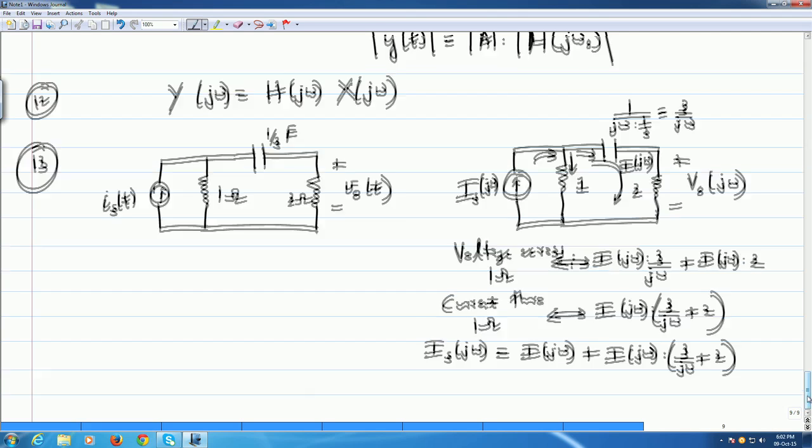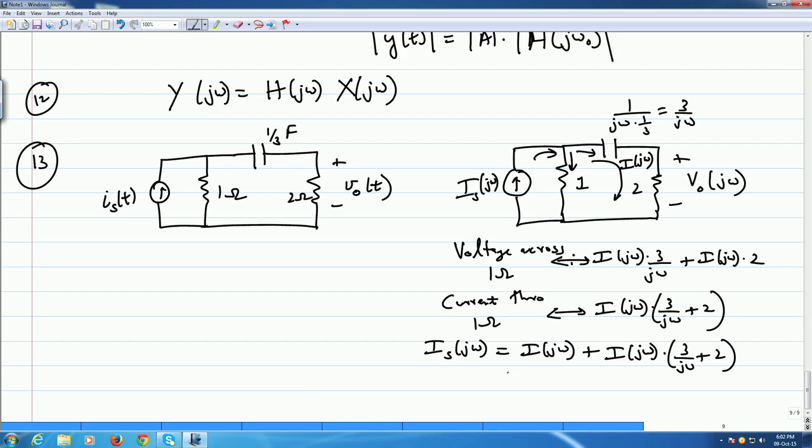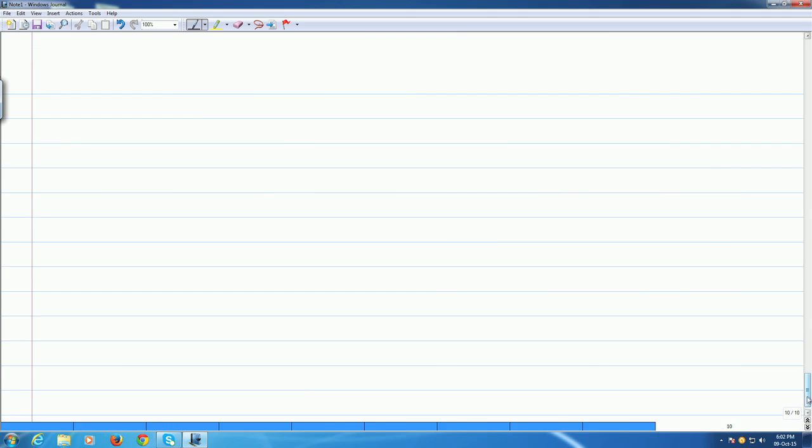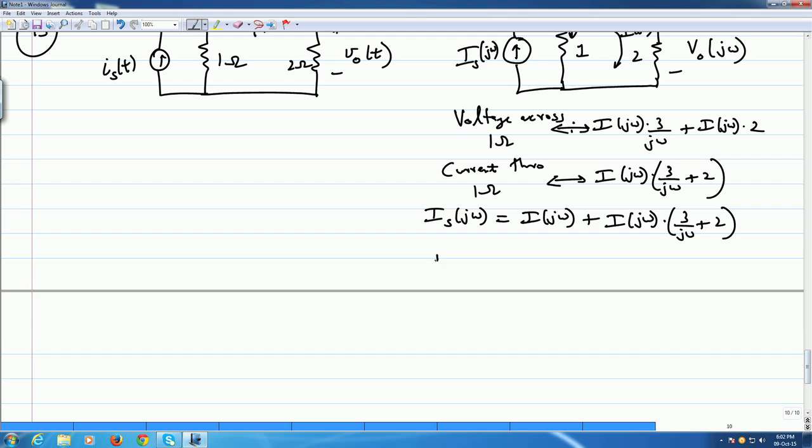So, now one can find I of j omega. Okay, let me write it more reasonably here. One can simplify this a little bit. Maybe I should write a few more steps here. It's just simple equation solving, but nevertheless it is good to write that down.